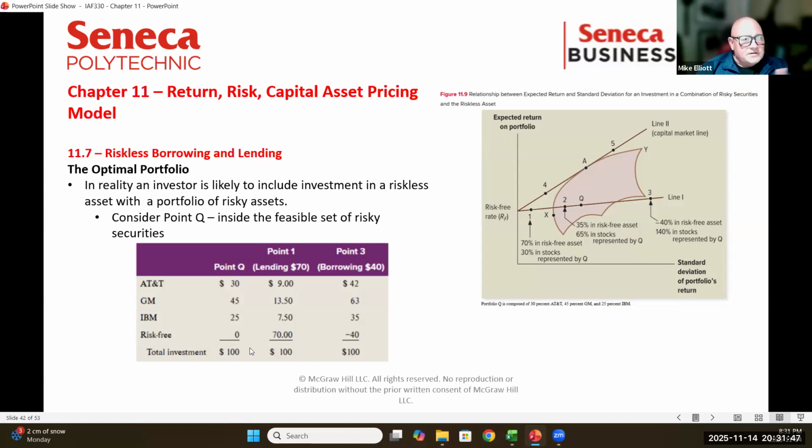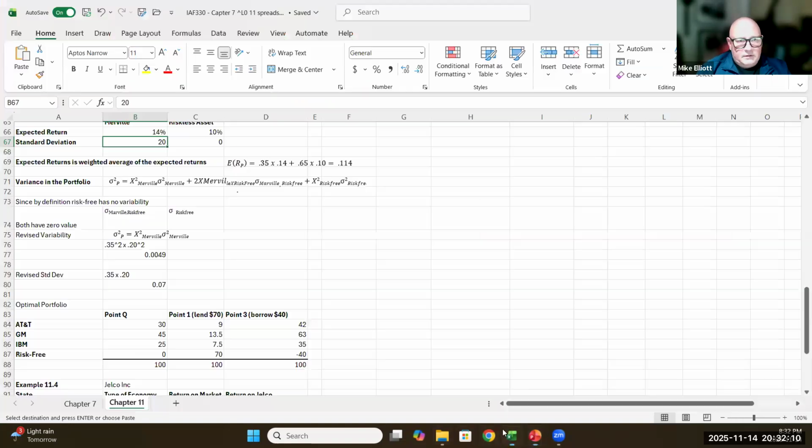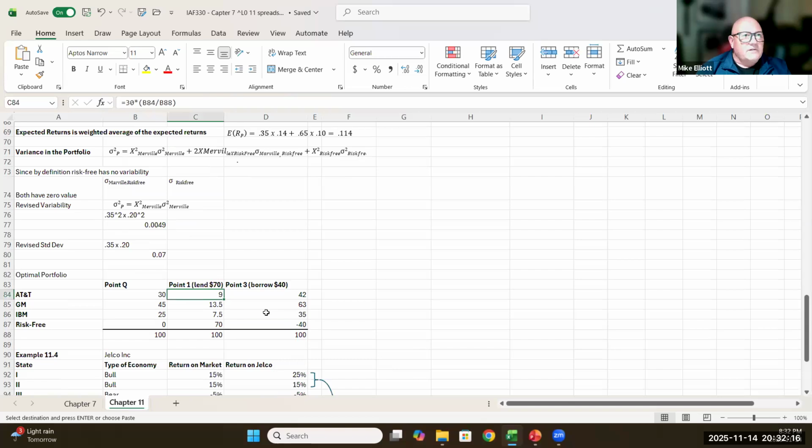If we now say we're going to invest $70 risk-free of our $100 investment, we now have $30 left to invest in the same proportion. So now we have $70 risk-free, $7.50 IBM, $13.50 GM. What I've done is I've said, if we're taking 100 and putting 70 here, then 100 less 70 is 30. So we have 30 allocated in exactly the same proportion. That's when we lend 70.